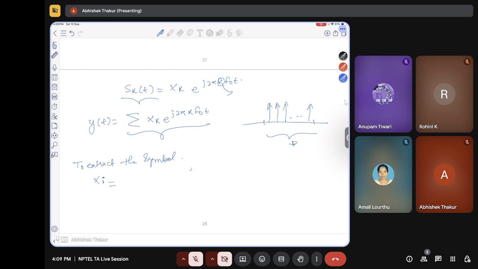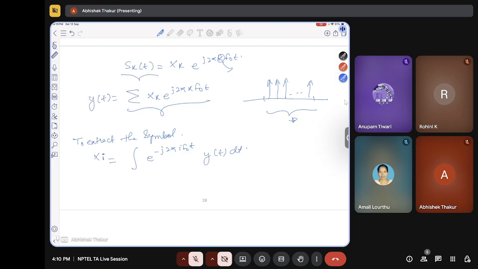we can write it as the integral of e to the power of minus j 2 pi i f naught t multiplied with y(t) dt.